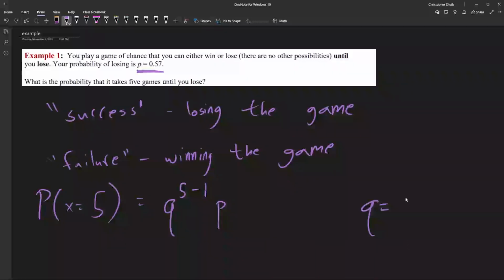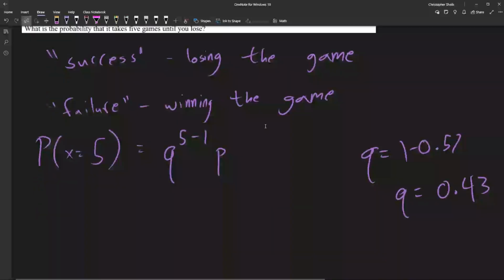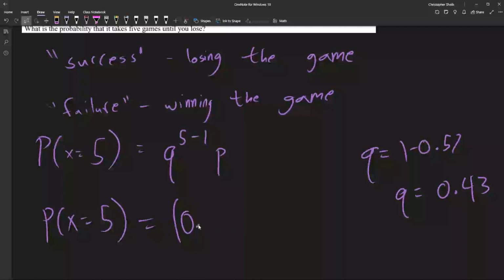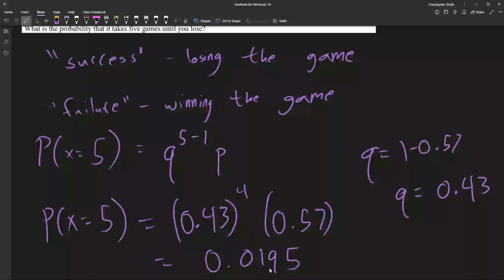This means that Q is 1 minus 0.57, so Q is 0.43. This means that the probability that it will take 5 games until you finally lose a game is 0.43 to the 5 minus 1, which is 4, times 0.57, which is 0.0195.